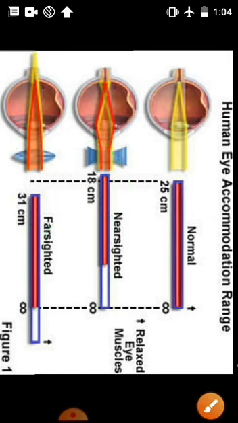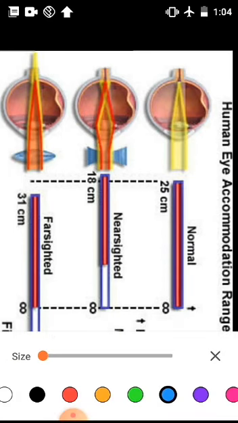Then how can we see the distant object clearly? When the focal length of the eye lens is increased by relaxing the ciliary muscles, we can get a clear image of the distant object. Is it clear?